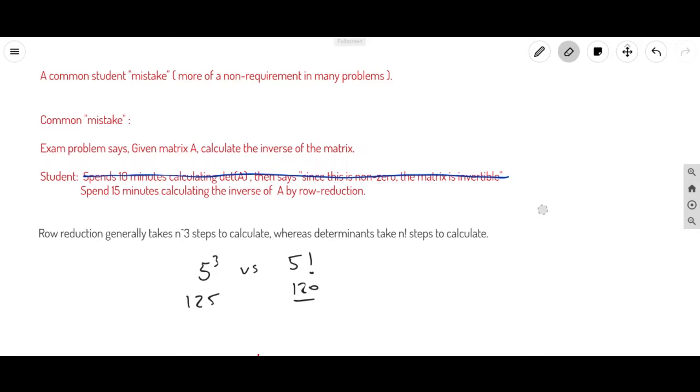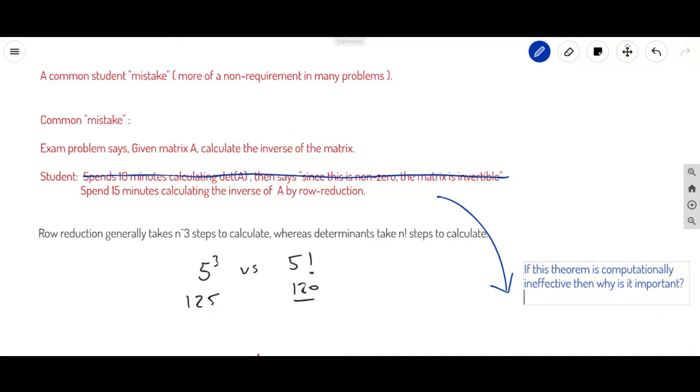So if this theorem is computationally ineffective, you might ask, then why is it important? Well, that has to do with theoretical reasons.